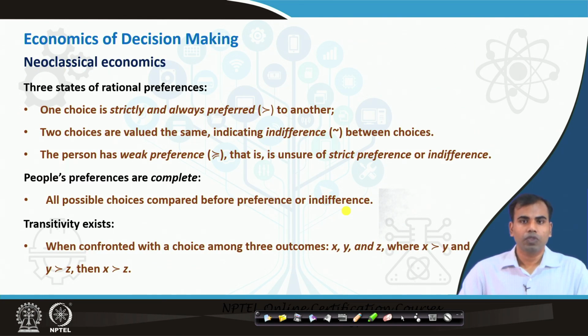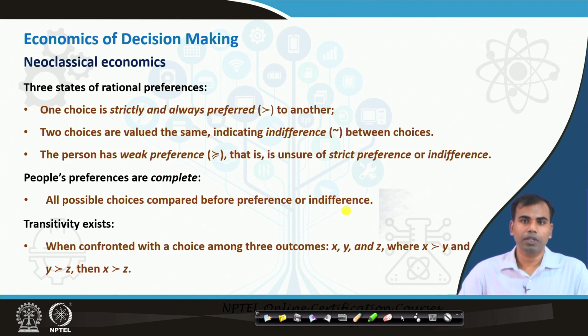When it comes to rational preferences, there are three states of economic preferences among economic agents. An economic agent can be strictly preferring one alternative over the other, which means there is no choice dilemma, and the economic agent is sure which choice he would like to go for.